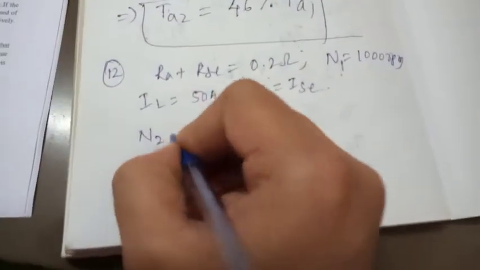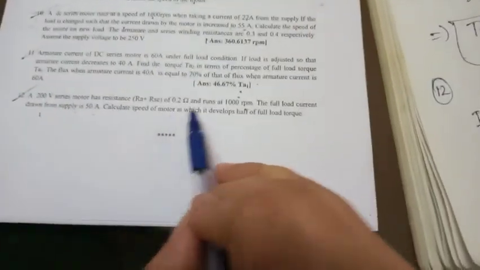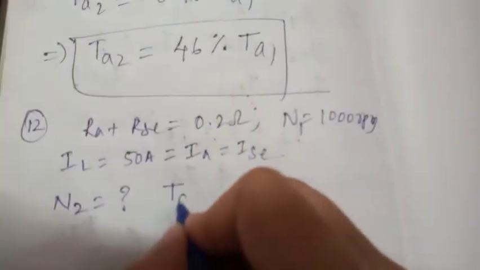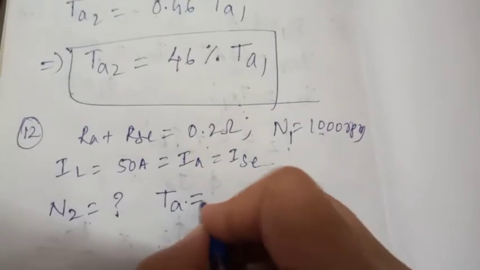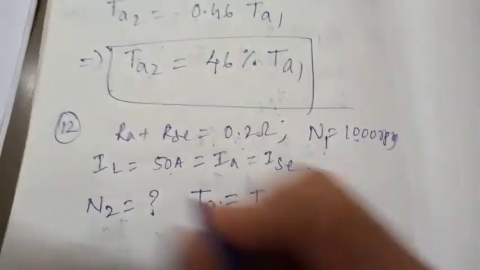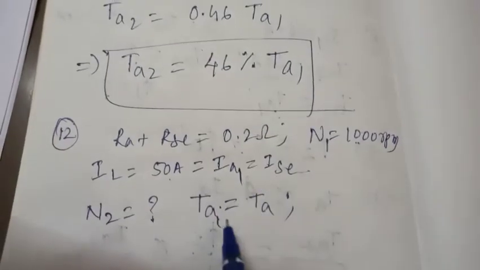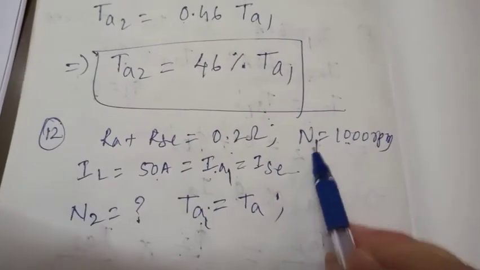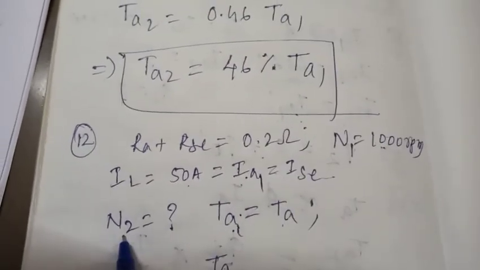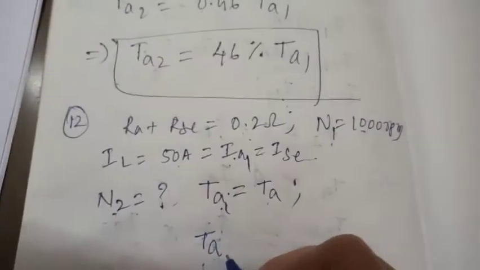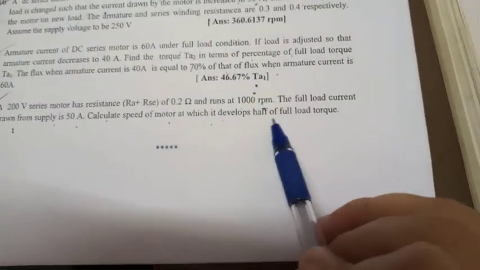So I have to calculate the speed of the motor at which it develops half of the full load torque.